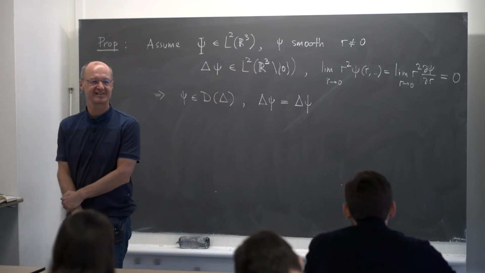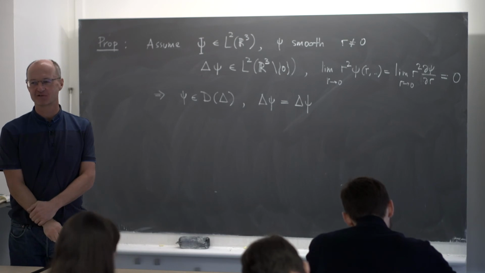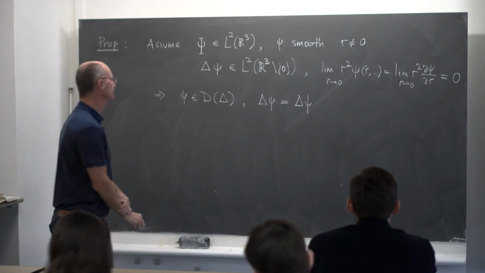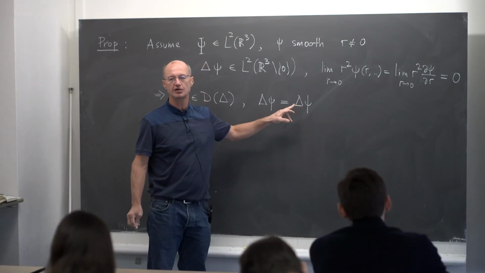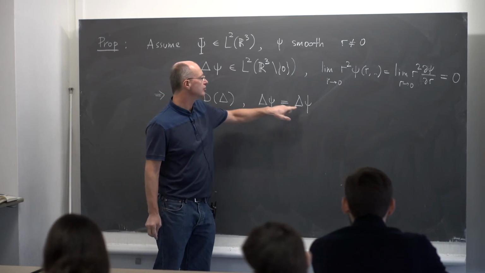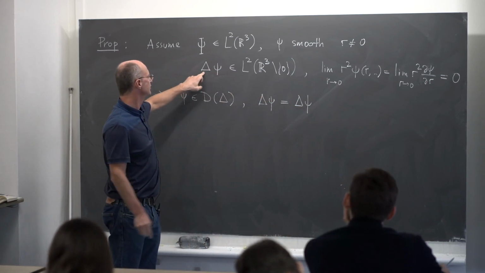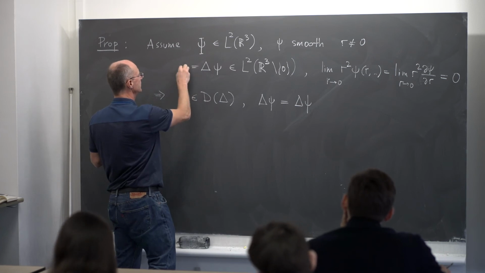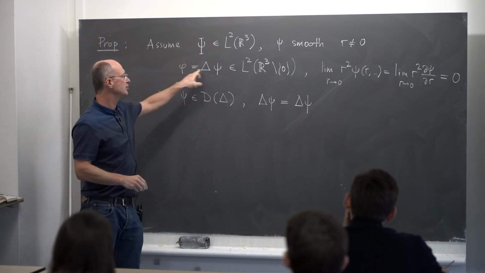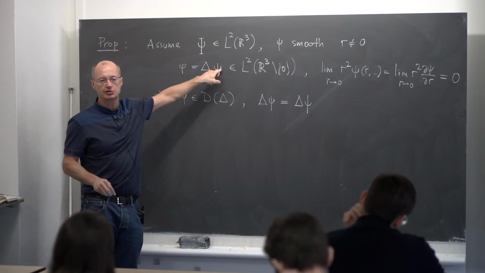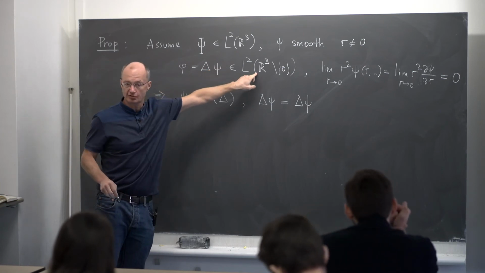So let me write this somewhat ambiguous formula. What do we mean by that? Maybe it's better to write it in this way. Let me call phi the Laplacian of psi as an element of L2.